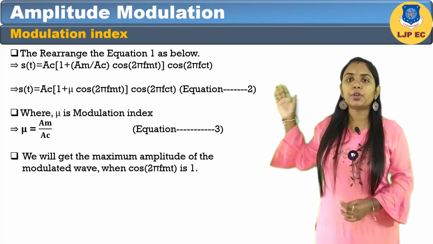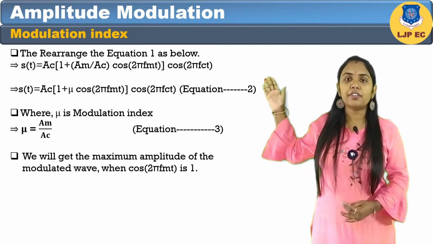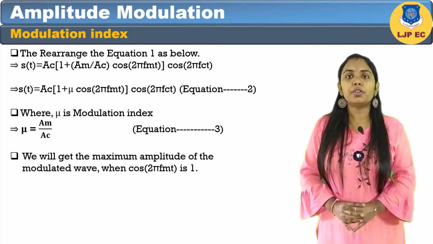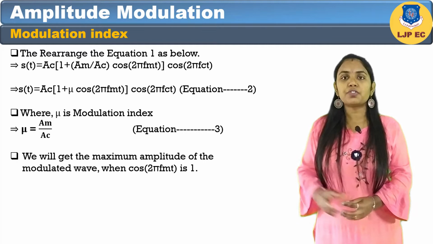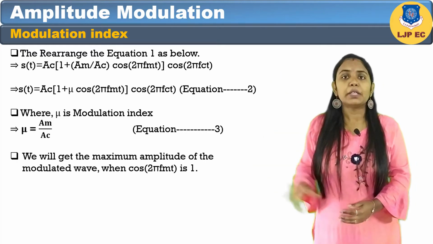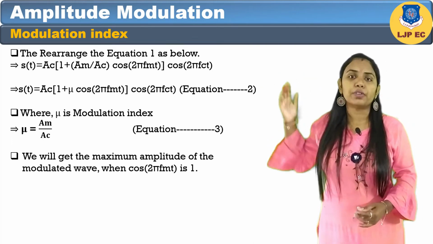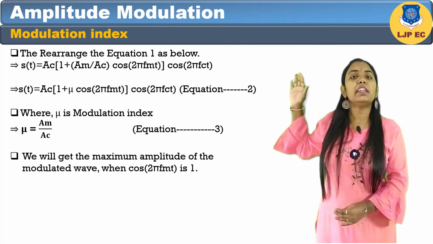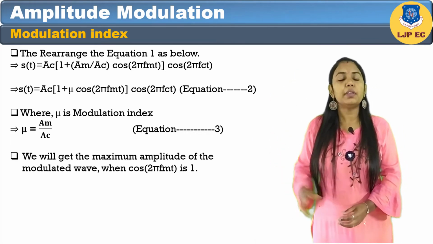Hence, we can calculate the values of modulation index by using the above formula when the amplitudes of the message and the carrier signal are known. Now let us derive one more equation for the modulation index by considering equation 1. We can use this formula for calculating the modulation index values when the maximum and the minimum amplitude of the modulated wave are known. Let Amax and Amin be the maximum and minimum amplitude of the modulated wave.